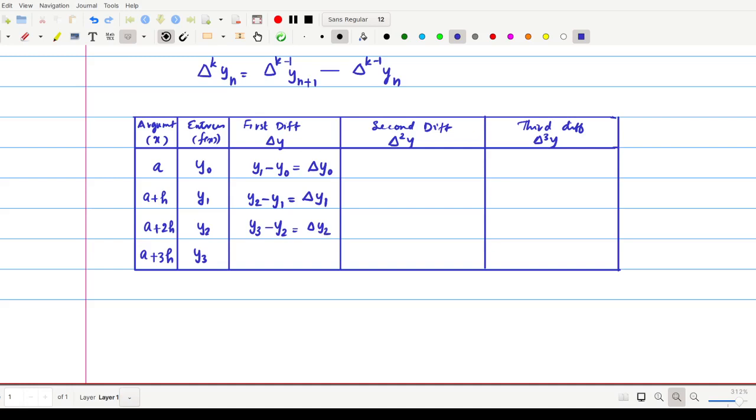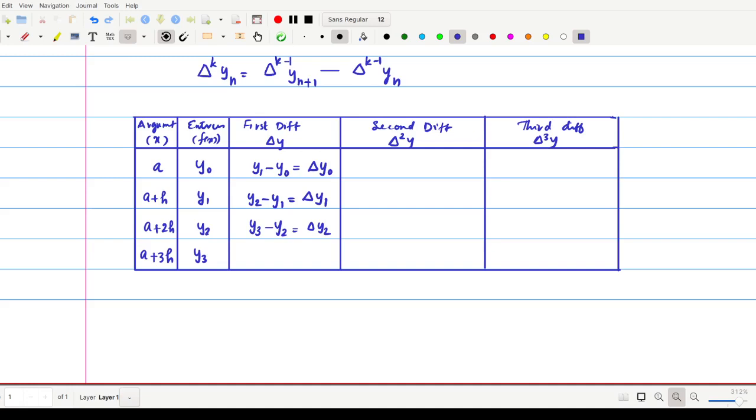Since we have only 4 values, this is the only difference we can write. We write this delta y0 in between y0 and y1, and we write the difference between y2 and y1 in between y1 and y2. We align y2 minus y1 in this way.